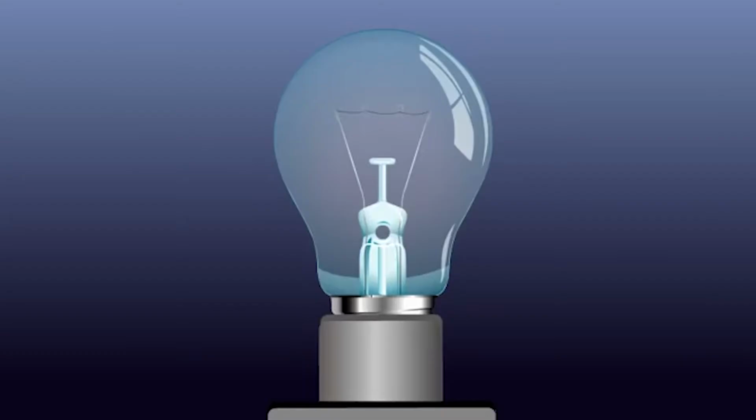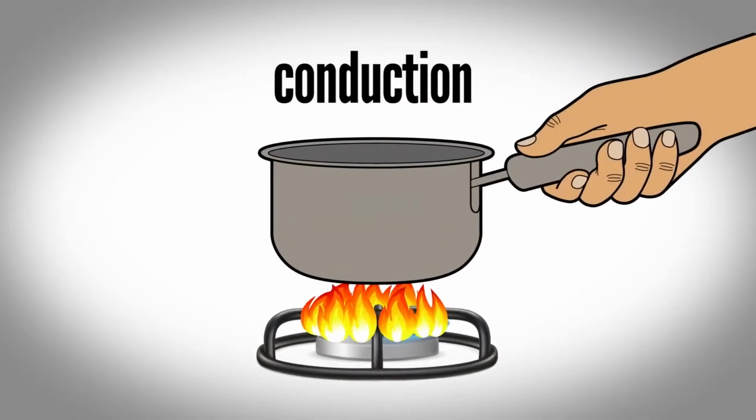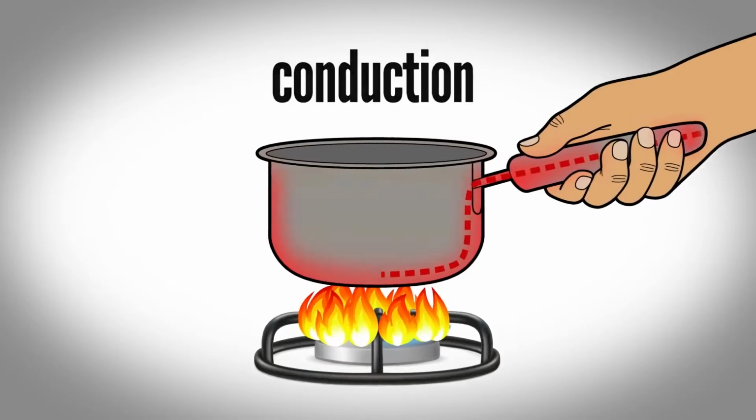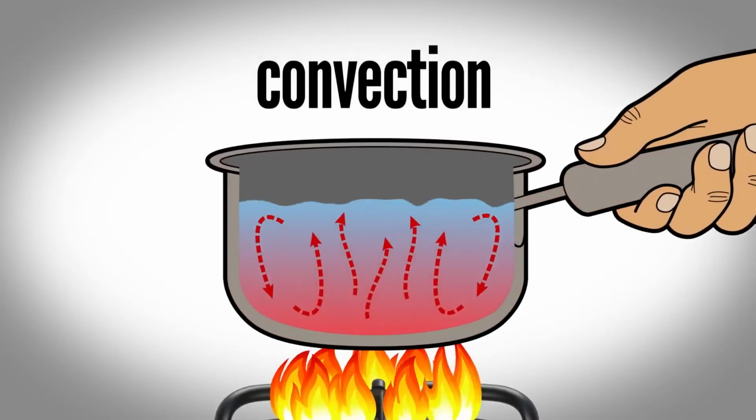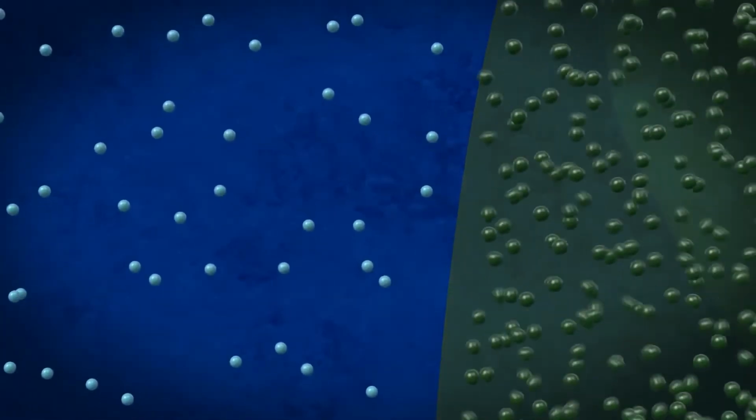Other forms of energy are changed into light to help people see. Thermal. Thermal energy makes particles of matter move faster. We feel thermal energy as heat.